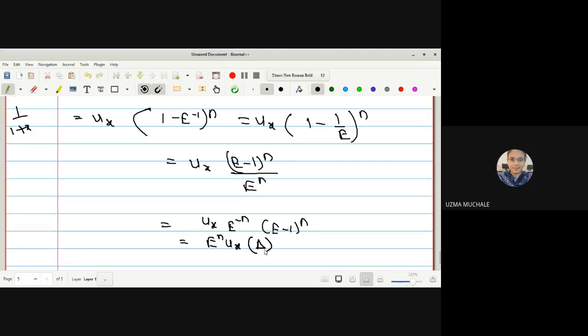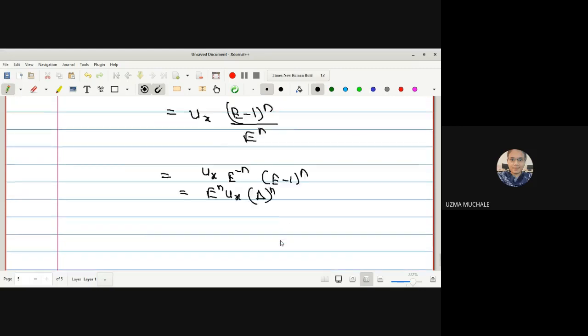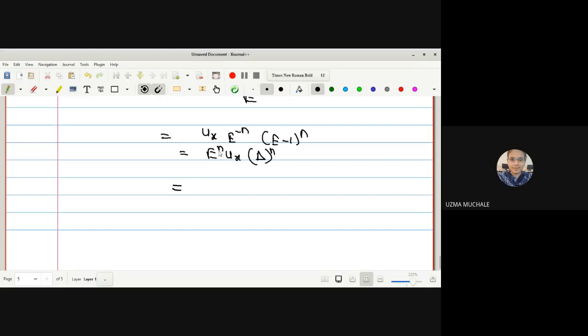That is the forward difference operator Δ. And hence E^−n Δⁿ u_x equals Δⁿ u_{x−n}. Okay, and hence we have proved LHS is equal to RHS.